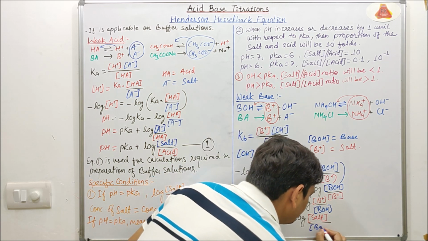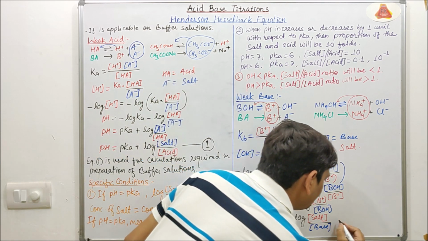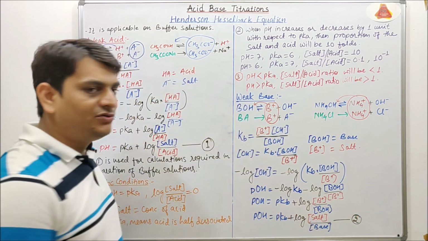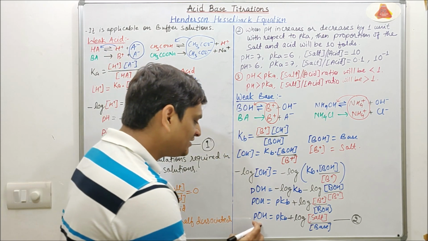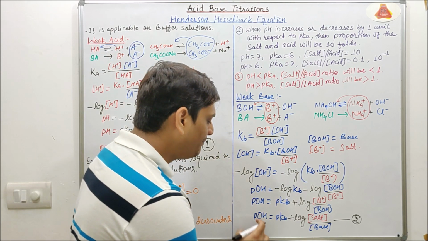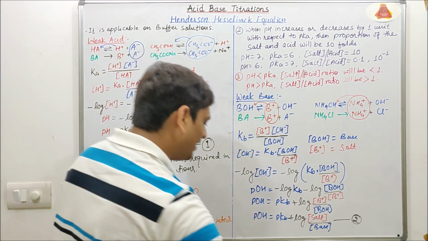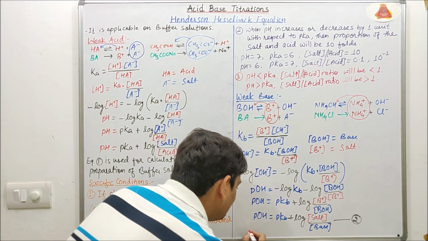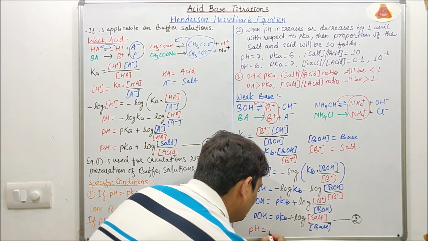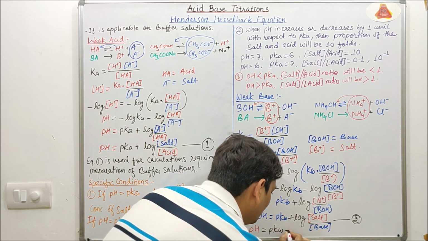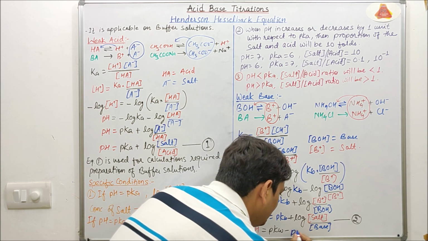This is equation 2. So this equation 2 is the Henderson Hasselbalch equation for weak bases, and by using this formula we can calculate the value of pOH. And if we want to calculate the value of pH, then it will be pH is equal to pKw minus pOH.